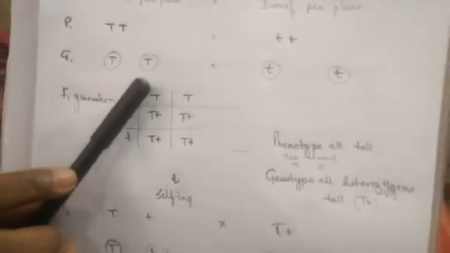Here also you will see that the parent has 2 factors, but during gamete formation these 2 factors segregate and each gamete receives only one of the factors. So this is called the law of segregation. So these are the 2 laws of Mendel which were derived from this monohybrid cross.